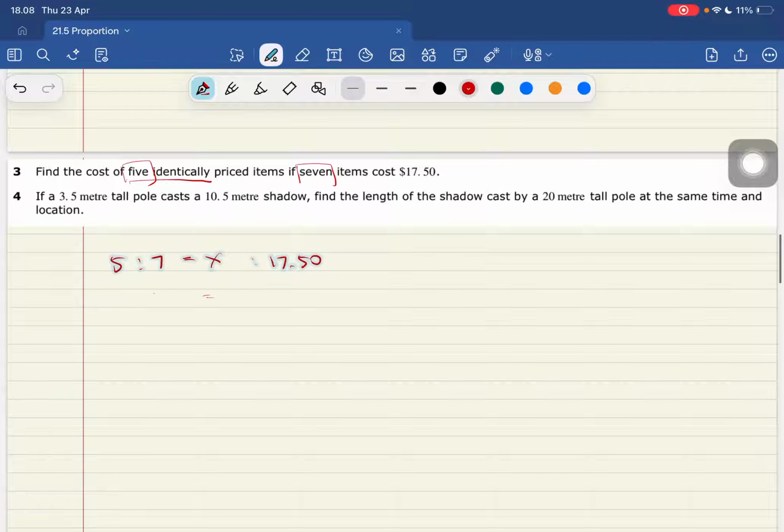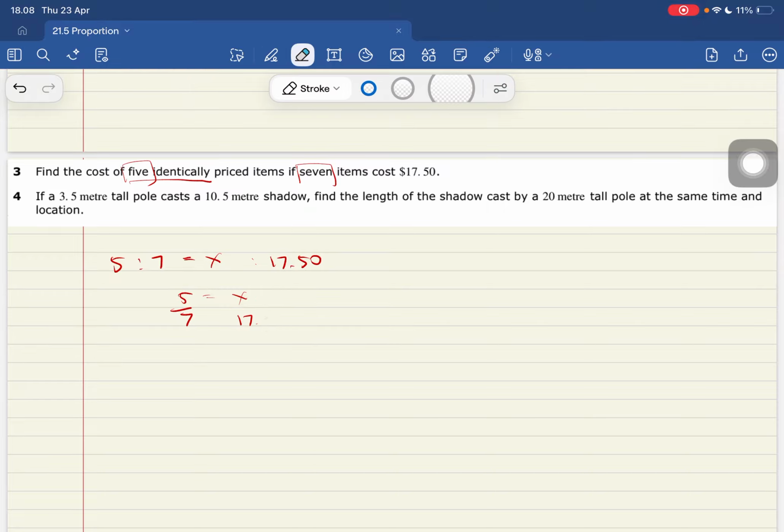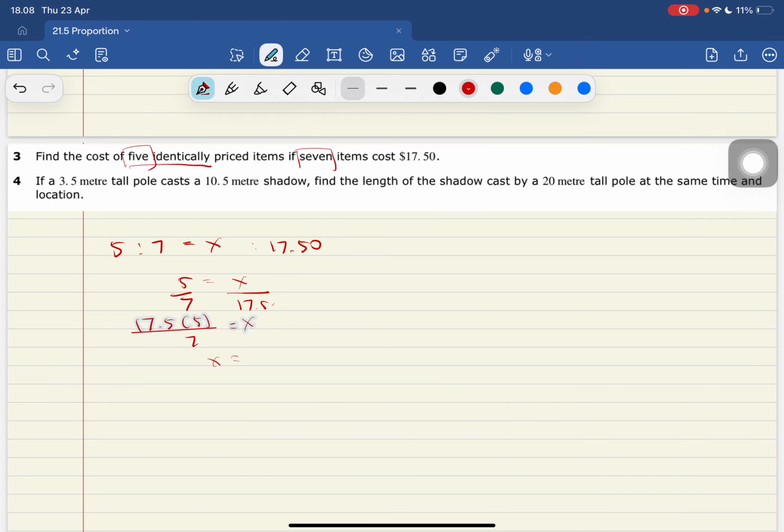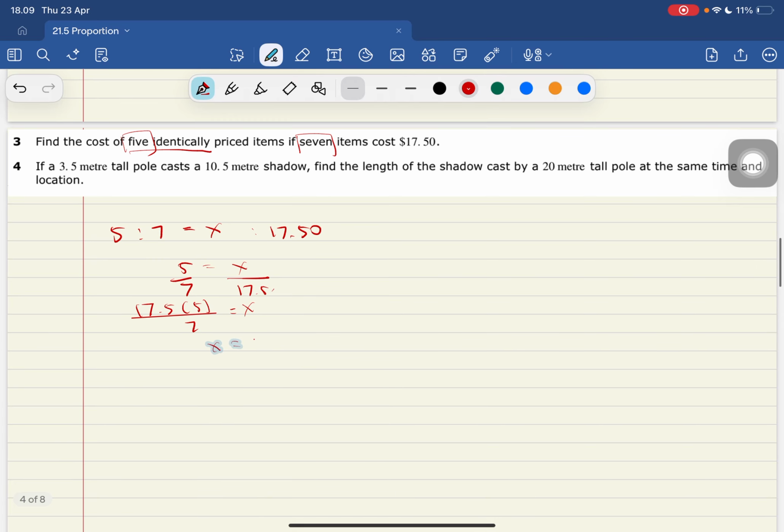To find x, it's going to be 5 over 7 equal to x over 17.5. So x is 17.5, we multiply it by 5, then we divide by 7. Then we will get the value of x.